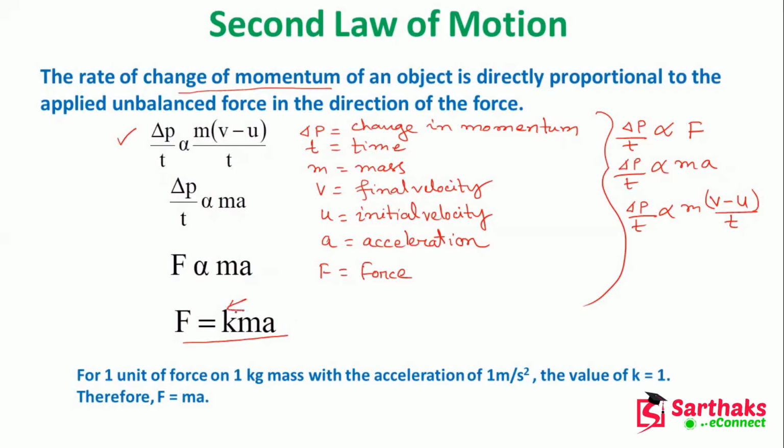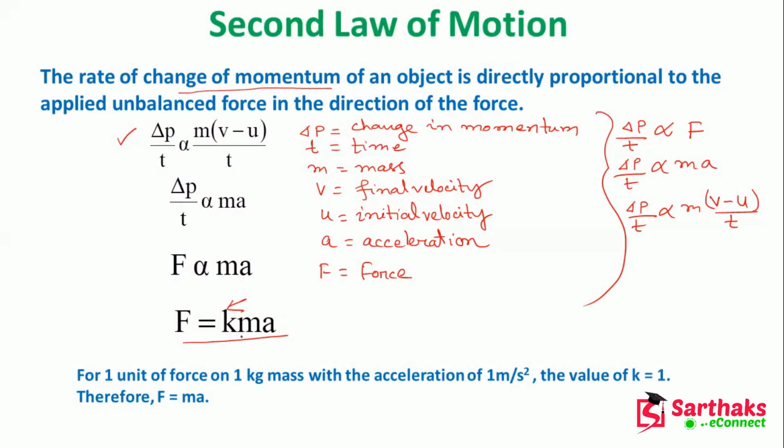Now what is K? This is a constant and it depends on the amount of force, mass and acceleration. Generally, this K equals 1, and it is defined as: if you are applying 1 unit of force on 1 kg of mass with an acceleration of 1 meter per second square, then the value of K equals 1.